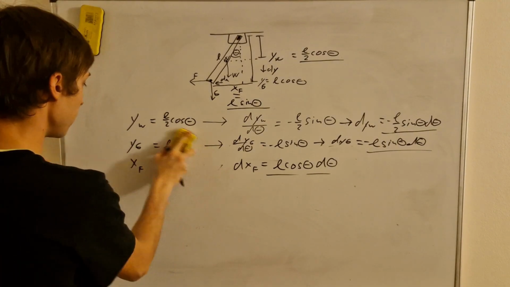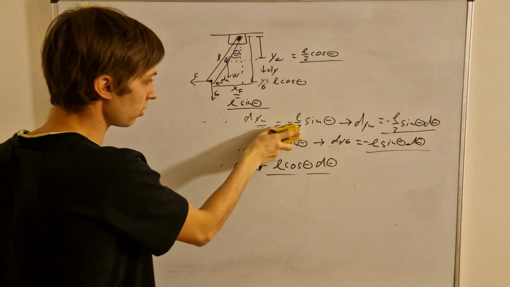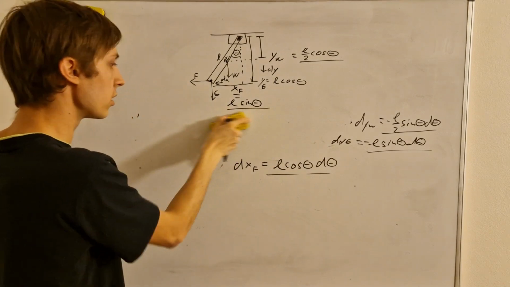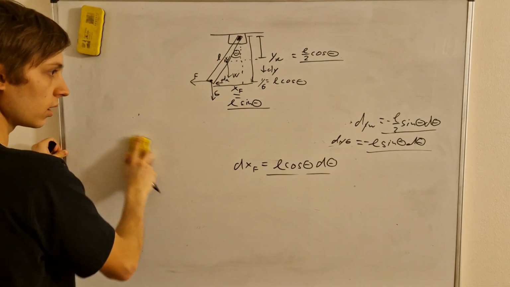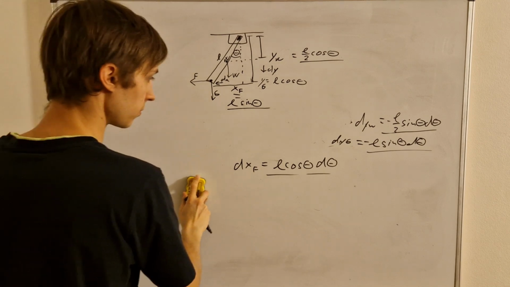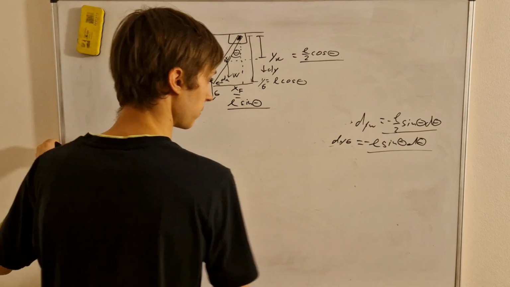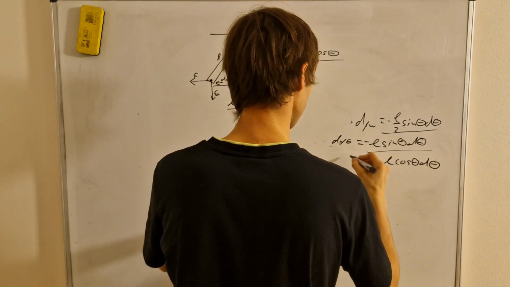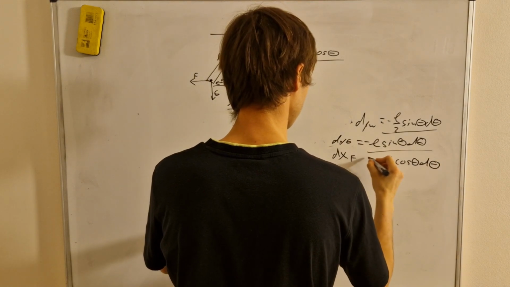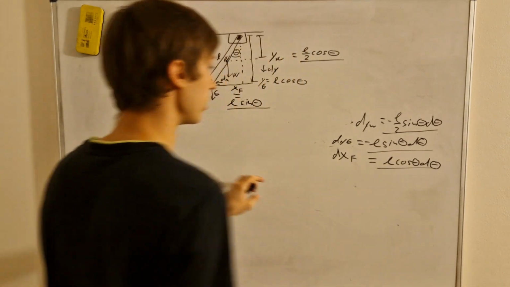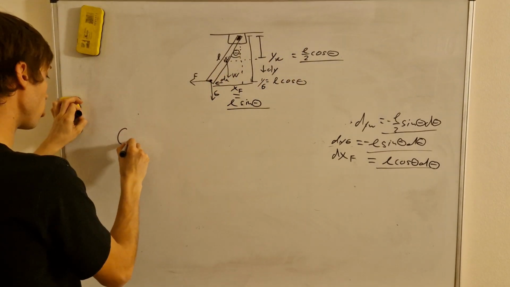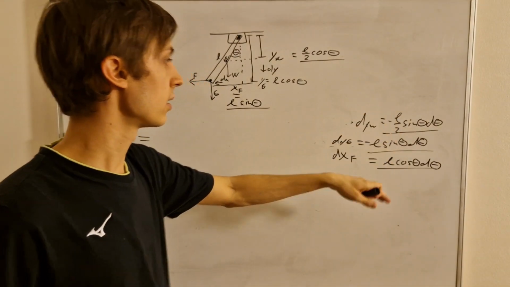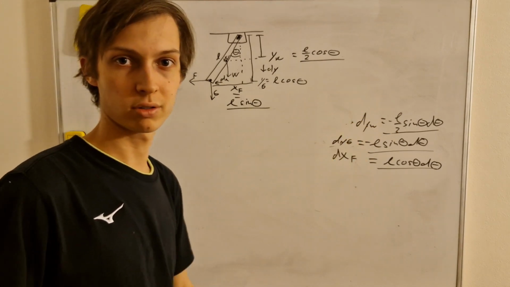I mean, we can delete this kind of and only keep the differentials written down to have space. And so I'll write it more to the right. And so these are our three differentials. And I said our total work is 0 and it will be equal to each of these respectively multiplied by their respective force.